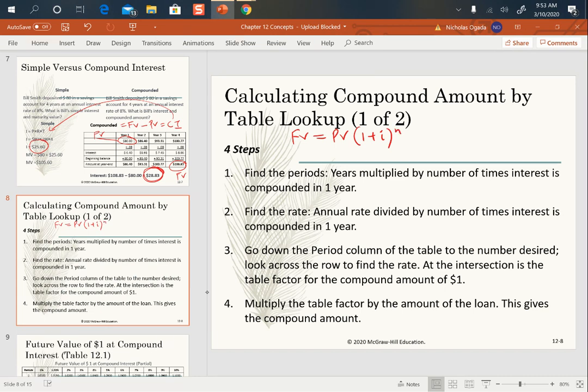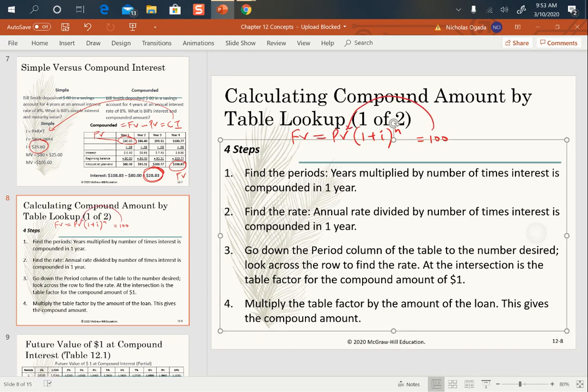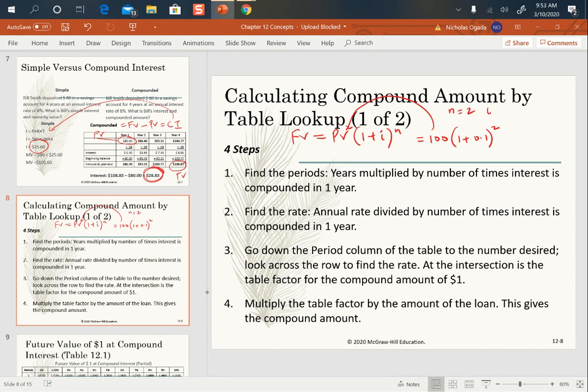So 100 represents the initial investment, the present value, and your i is 10%, so that would be 1 plus 0.1, and raise this to n, and we say that n is 2. Assuming n is 2 and assuming i is 10%, we know that this will give us $121 as the future value.